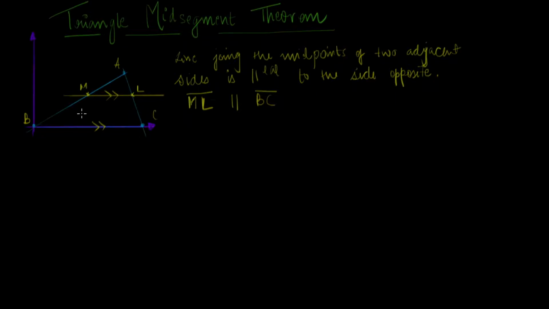Now, we can prove this very easily just by noting what the coordinates of a midpoint with respect to a line segment are, and we have a formula for that.